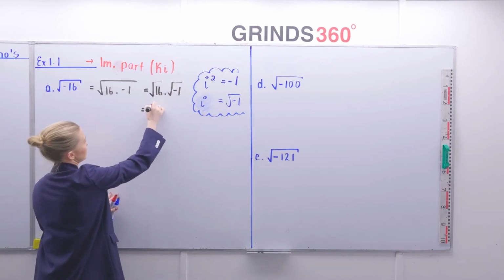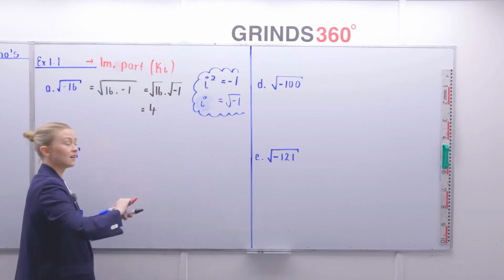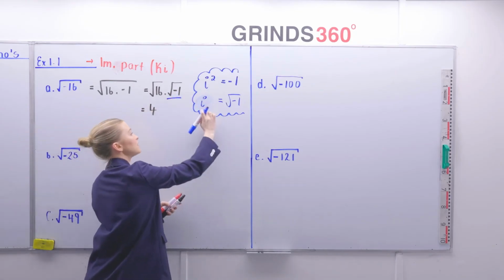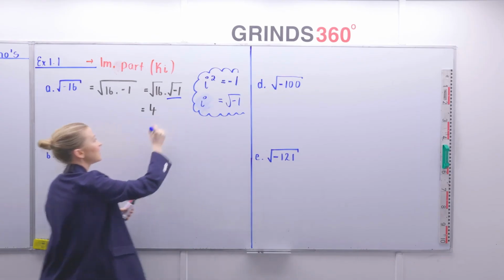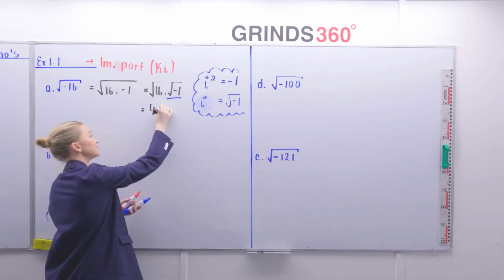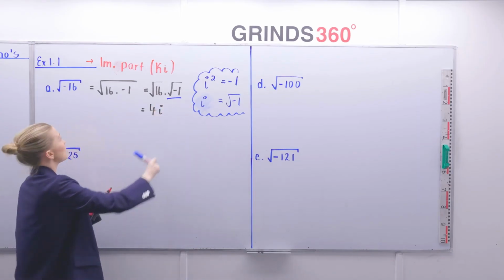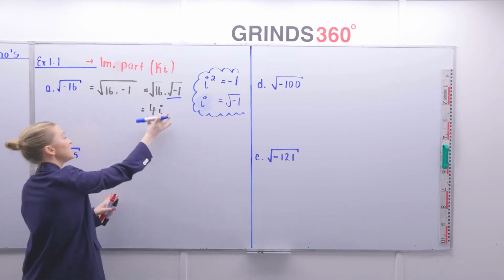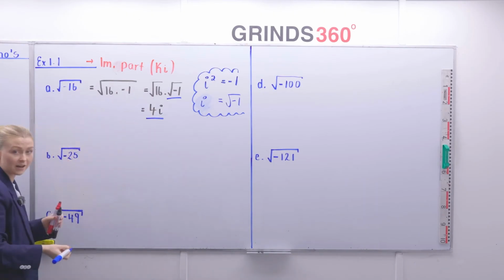Now we know the square root of 16 is 4, and the square root of minus 1, as you'll see here, is I. So what we've now done is we've converted this negative square root into an imaginary part.